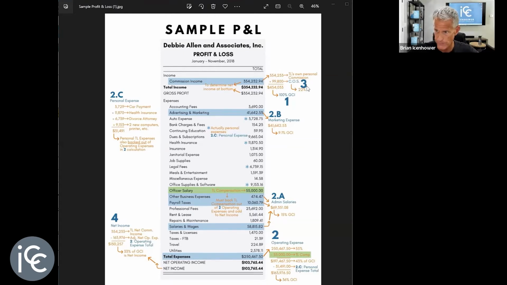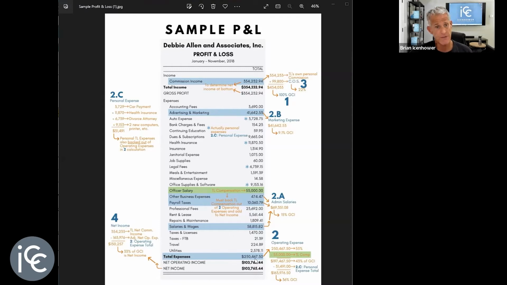Hooray. Okay, that's done. Now we're going to jump down and work on number 2, which is our operating expenses. And just about the entire P&L is operating expenses, all the way down to total expenses of $250,000 and change right here, this blue line. That's our operating expenses. Okay.